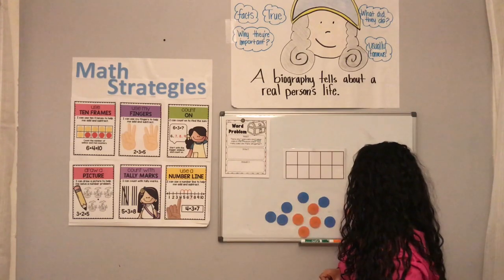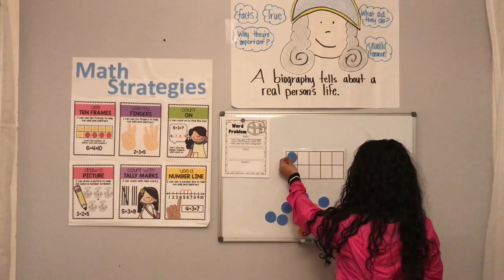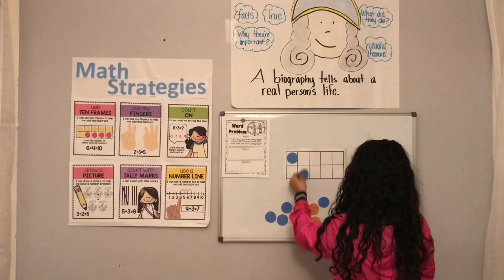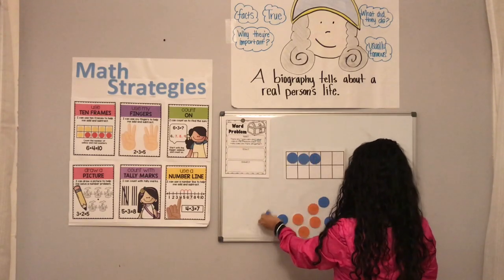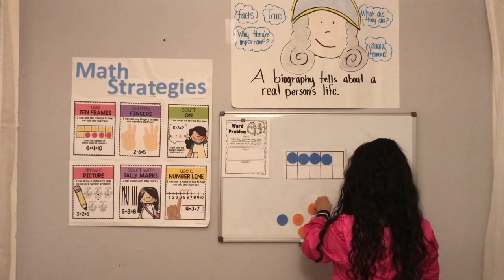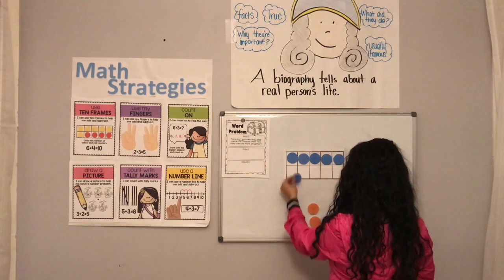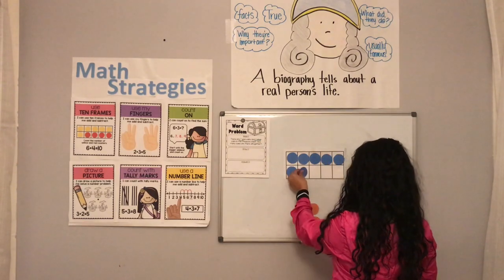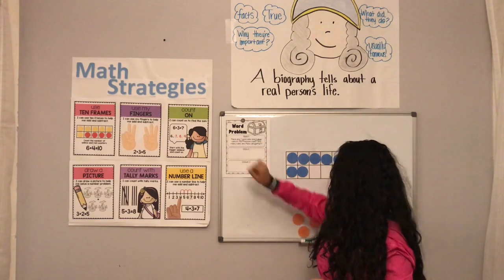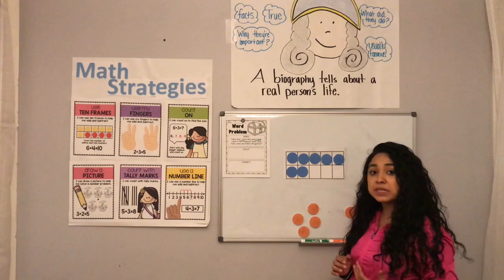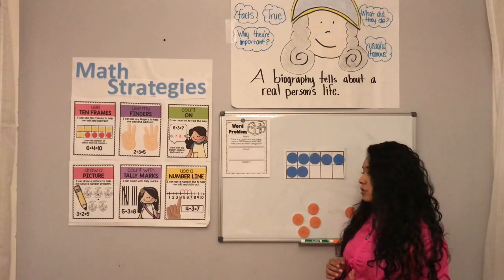I read 7 gold coins, so I'm going to put 7 markers, 1, 2, 3, 4, 5, 6, 7, okay? Now I'm reading that there are 3 silver coins in the treasure chest.